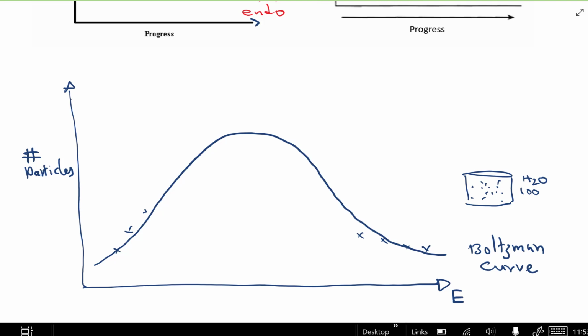It's something like people in your class. Some of them are very tall guys, some of them are shorter guys, and there is a whole bunch of medium. This medium, the average kinetic energy, is actually the temperature of that sample. Now, the y-axis is the number of particles. It's also called the population.